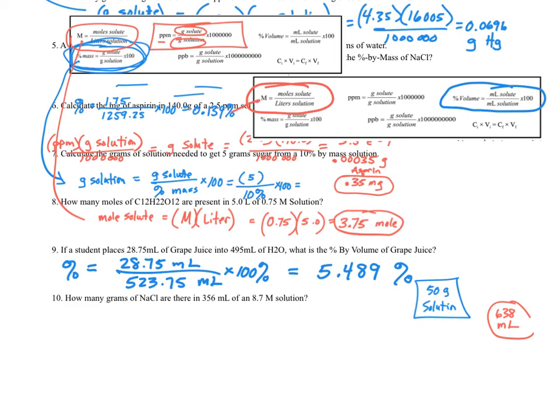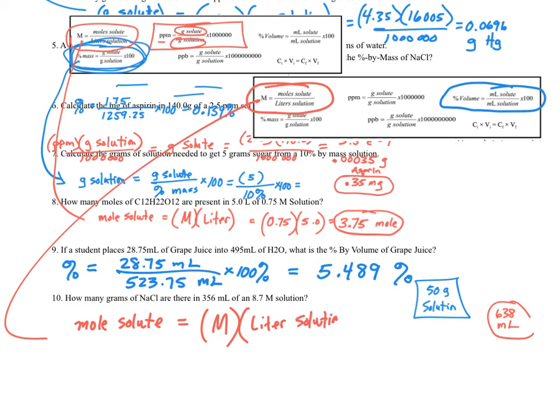Taking that equation, solving it for moles of solute would be equal to the molarity M multiplied times the liters of solution. And they tell us that it's 8.7 molar times the liters of a solution. Now, given milliliters, we want 0.356 liters. And this is going to give us 3.1 moles.